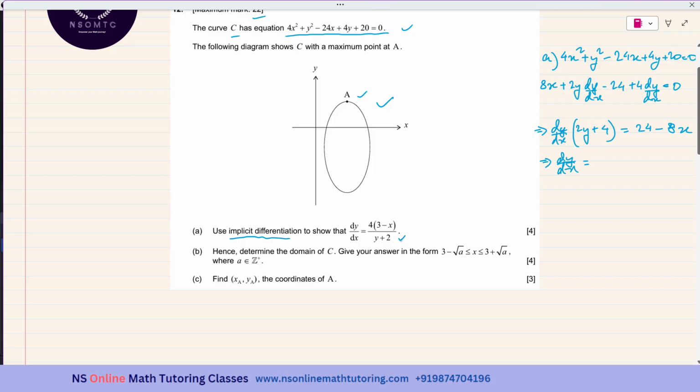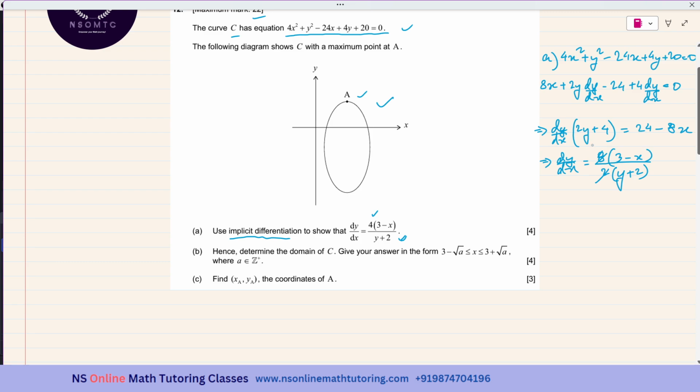I am seeing this is having y plus 2 in the denominator, so I have to take out the common factor of 2. From the numerator, I can take out the common factor of 8, so 8 times (3 minus x). And the denominator 2y plus 4 can be written as 2 times (y plus 2).